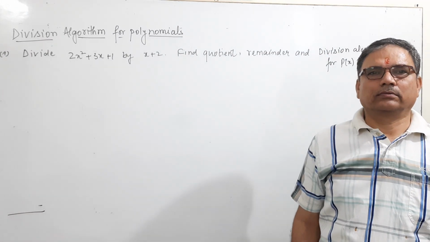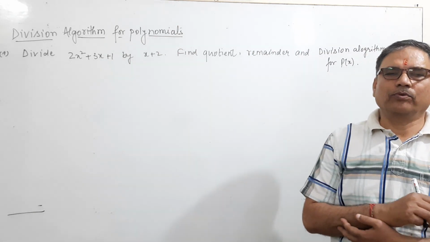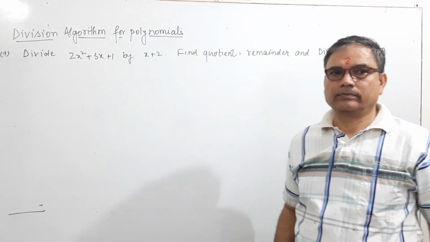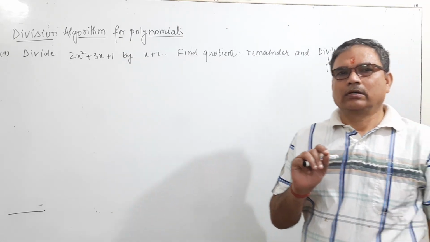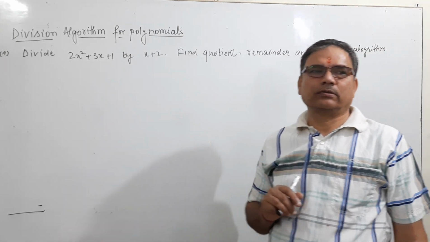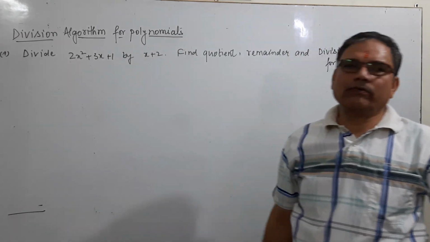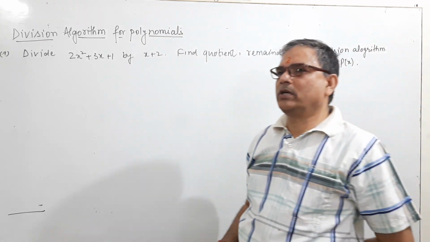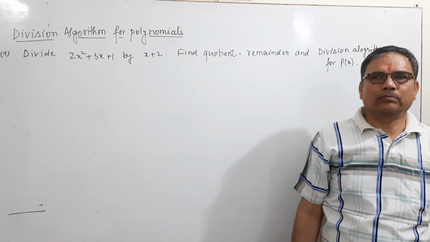In the previous video, we covered how to find the zeros of a quadratic polynomial and the relationship between the zeros and the coefficients of the given polynomial. Today we will cover the division algorithm for polynomials.